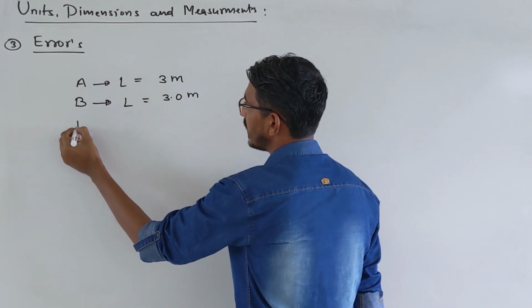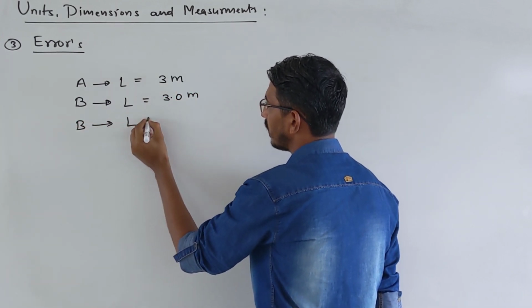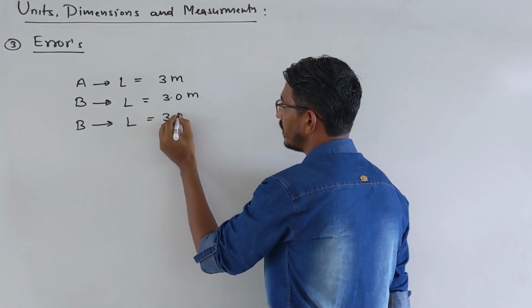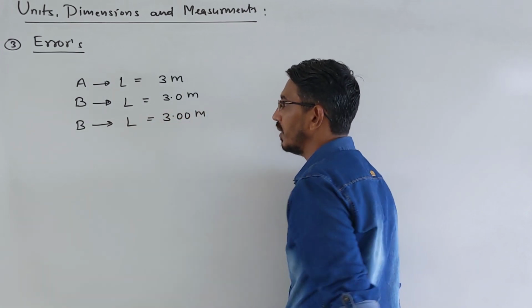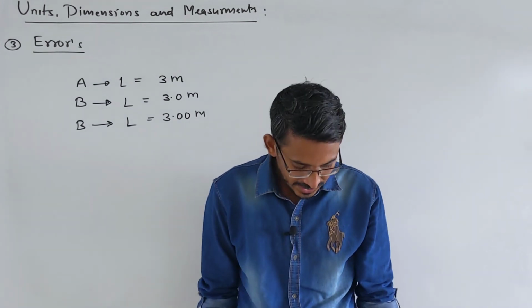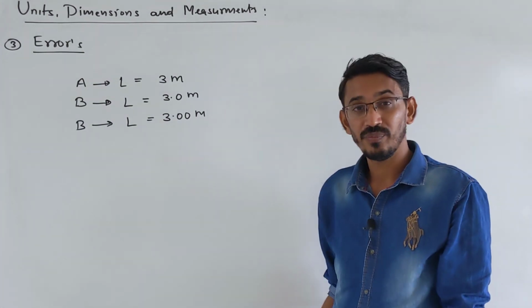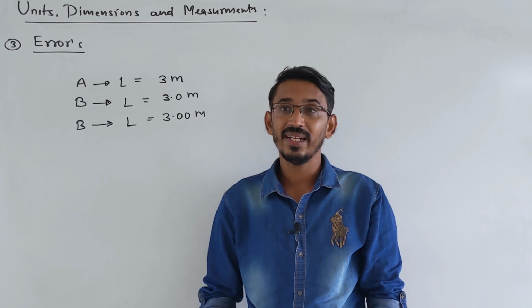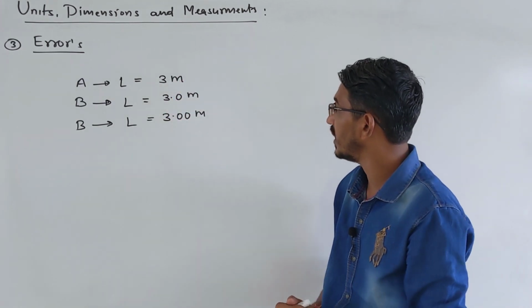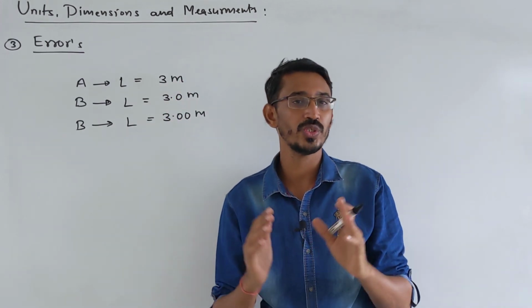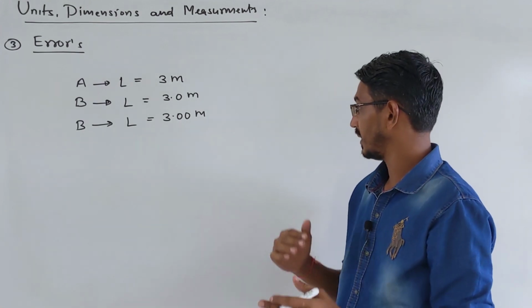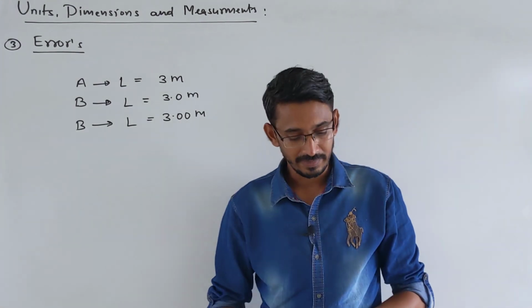And one more student says my length is 3.00 meter. Three students measuring the length of the same board and they are getting answers like this. One student saying just 3 meter, one saying 3.0 meter, and another saying 3.00 meter, right?